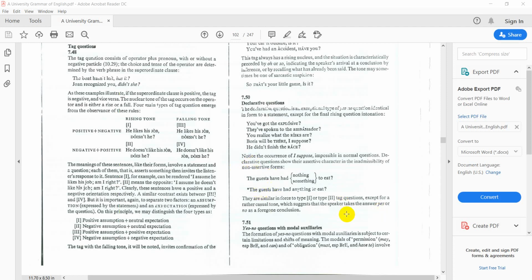You are going to make the tone for a question, which suggests that the speaker takes the answer yes or no as a foregone conclusion, because you want to make a yes no question, so you have to raise your tone to get the answer, either yes or no. And it is similar to tag number 1 and 2 because the expectation is neutral. You don't know the answer, so you seek an answer, either yes or no.